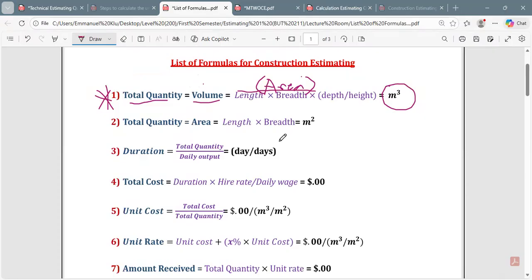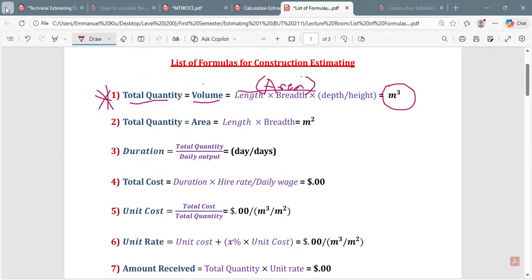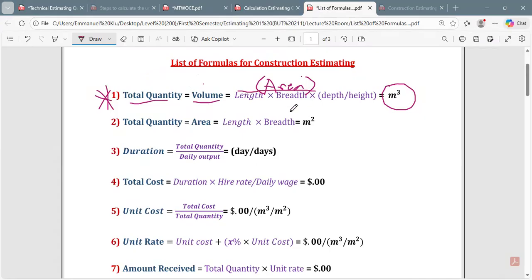This is it. The duration. This is the formula for the duration. And we say the duration is equal to the total quantity over the daily output.